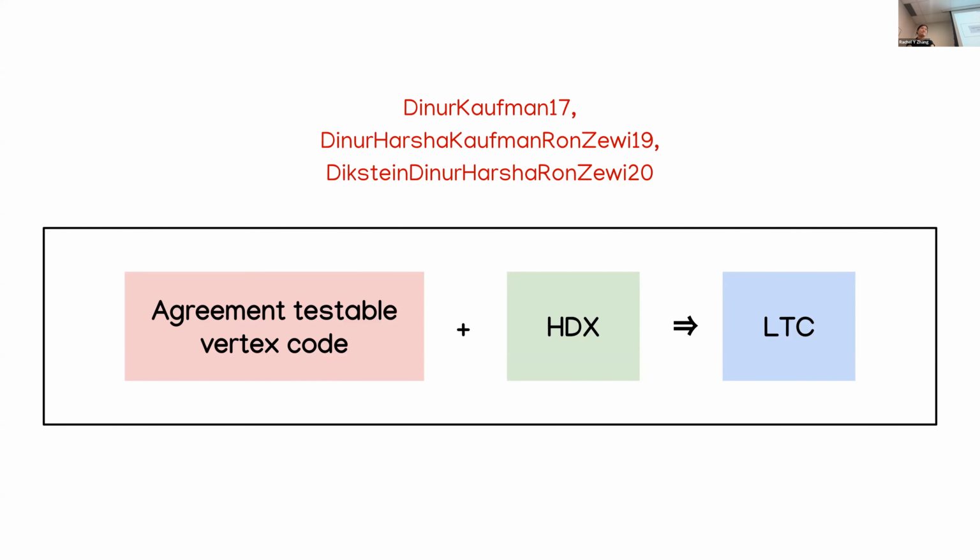Yeah. It feels to me that what you're doing is taking a code on an expander. Originally our test was: you pick a vertex and check whether all these edges satisfy the constraint on that vertex. Now it seems you're doing the same thing, but instead of checking one vertex, you pick a few vertices and check if all of these constraints are simultaneously satisfied.